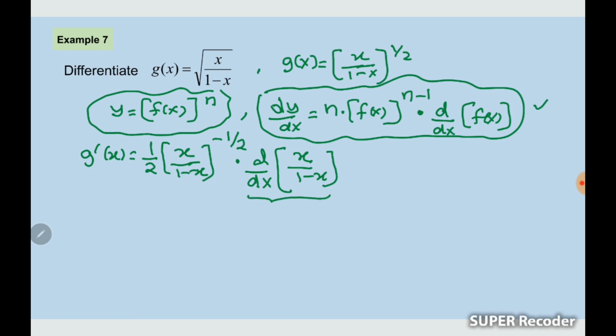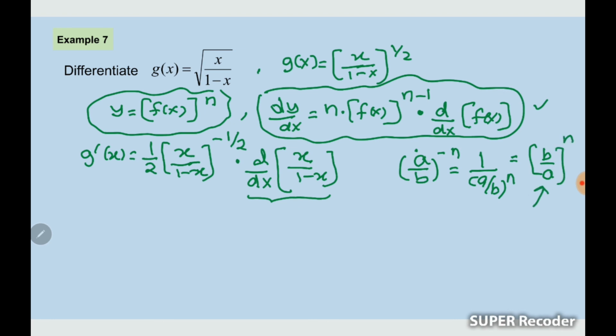So now, make sure you recall back this rule that you have learned. If given (a over b) to the power of negative n, you can write as 1 over (a over b) to the power of n, or you can simplify to get (b over a) to the power of n.